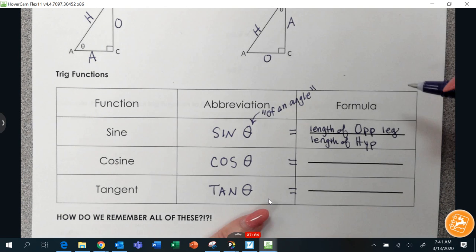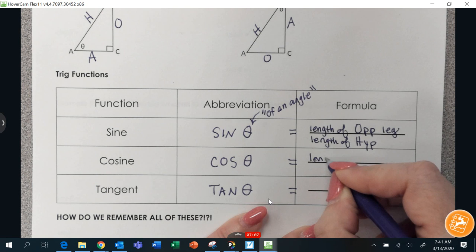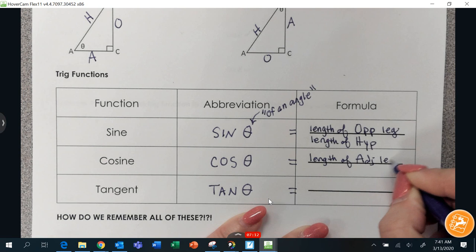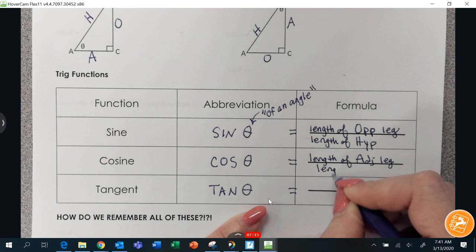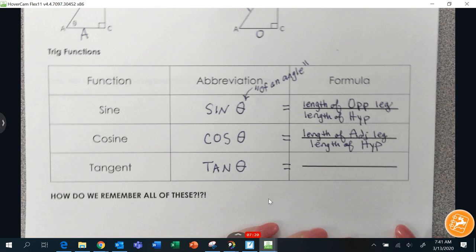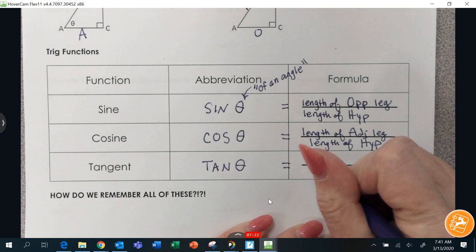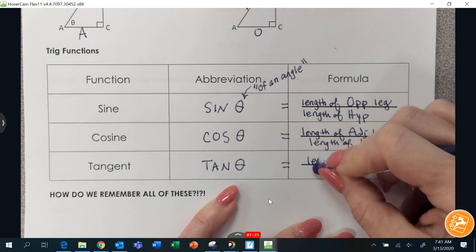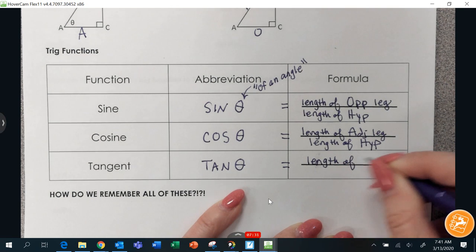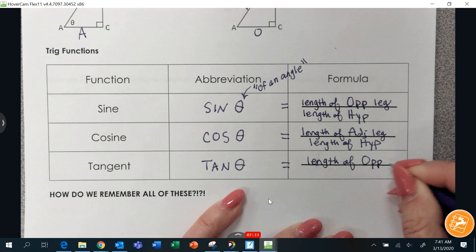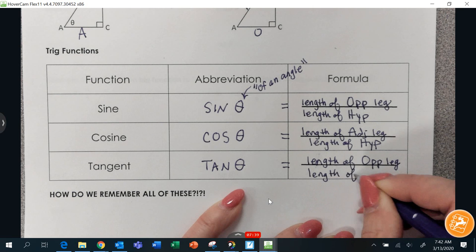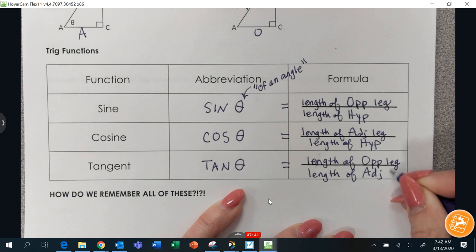For cosine theta, you take the length of the adjacent leg divided by the length of the hypotenuse. For tangent theta, you take the length of the opposite leg, and you divide it by the length of the adjacent leg.